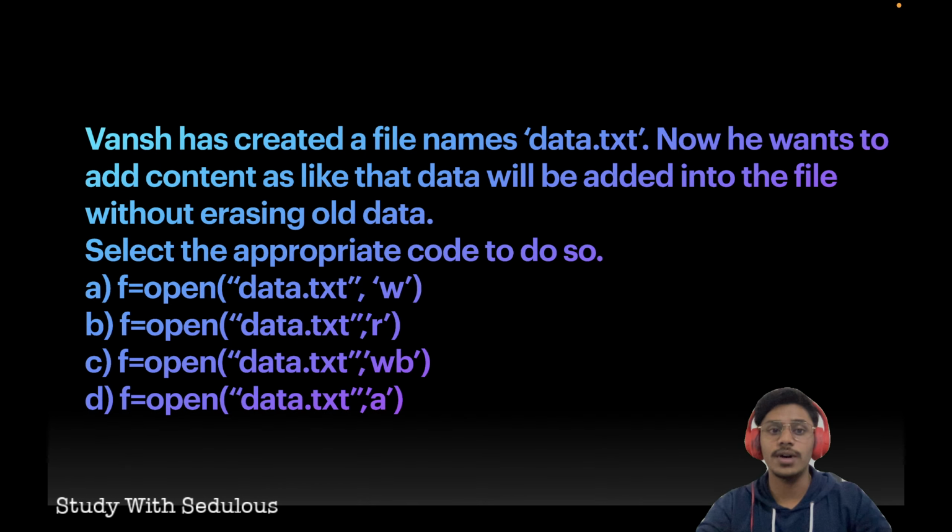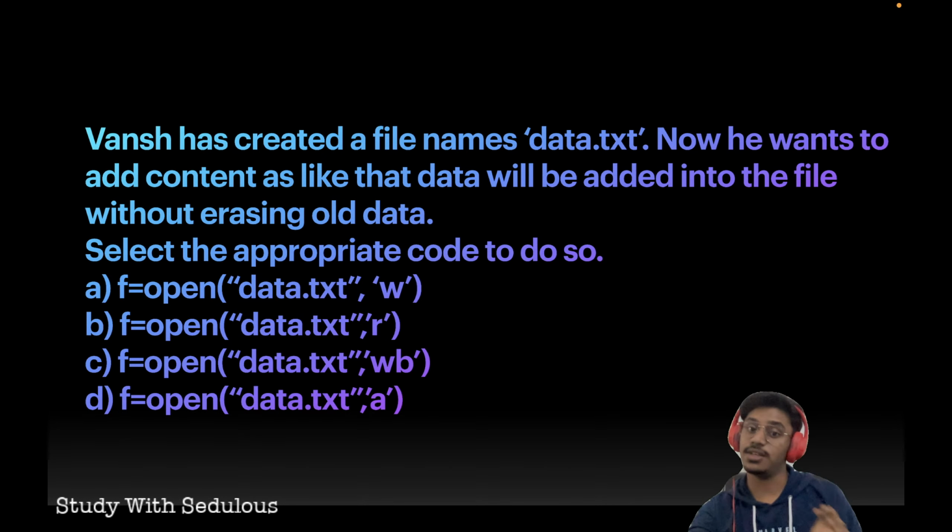Now, Vansh has created a file named data.txt. Now he wants to add content such that data will be added into the file without erasing the old file. Select the appropriate code to do so. F is equal to open data.txt with write, or read, or write in binary, or append.